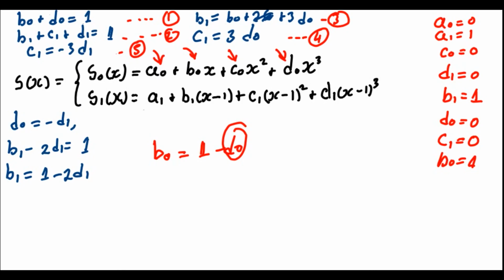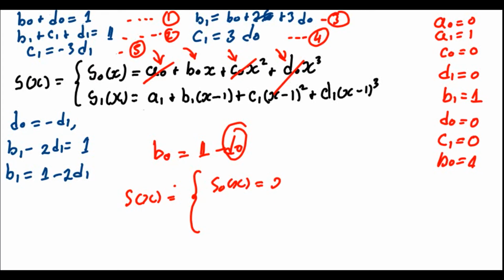So we have our s naught of x is equal to, if you substitute everything here, this would be 0, that would be 0, and that would be 0.